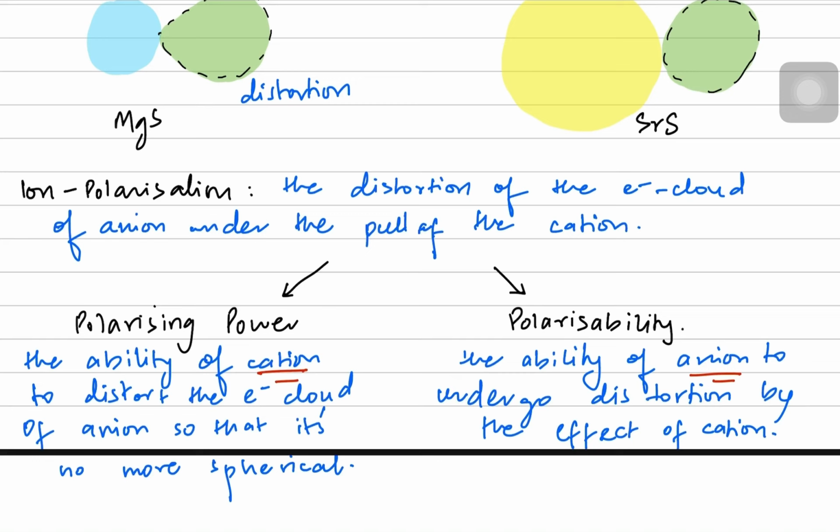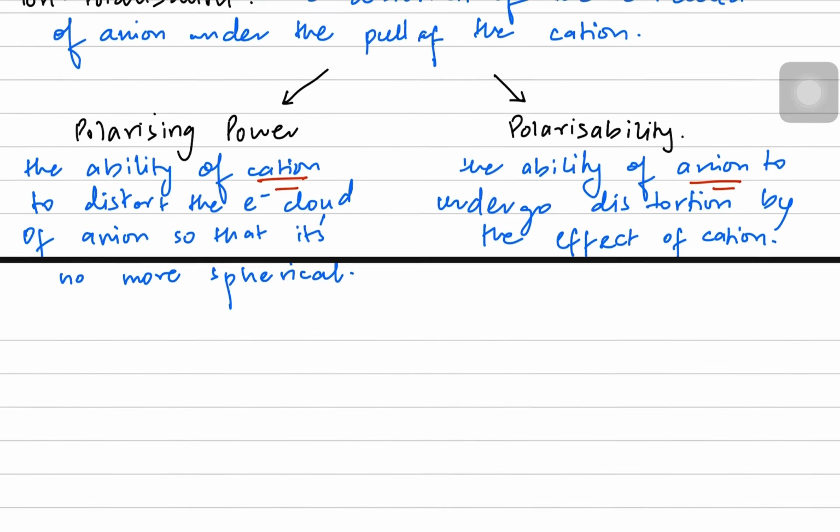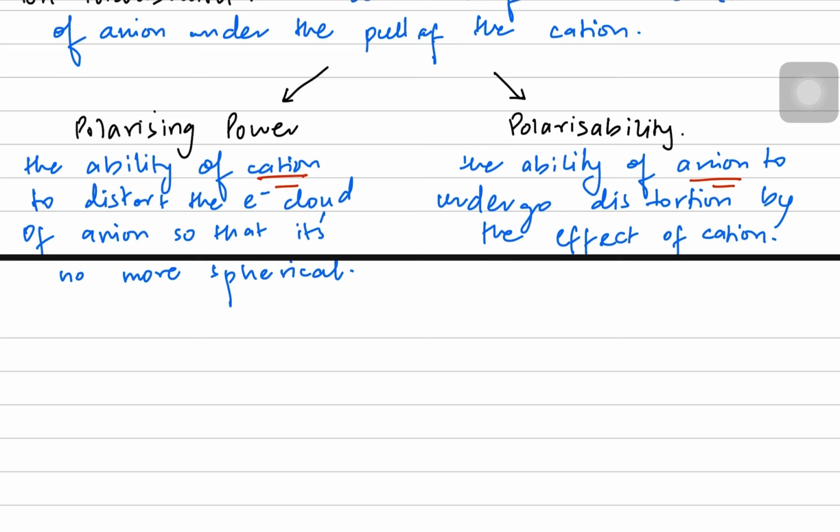Now, we have already talked about why magnesium ions were better at polarizing power than strontium. So we should write that down: smaller and highly charged cations get more polarizing power.